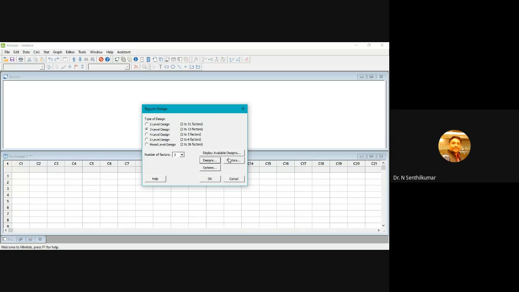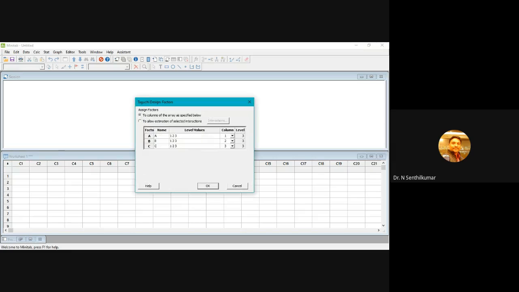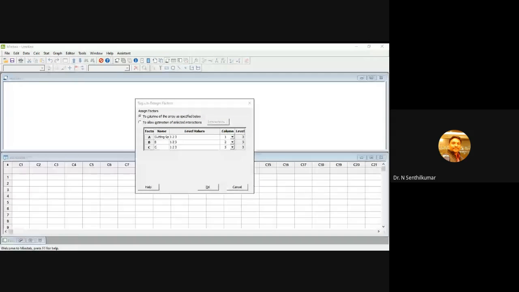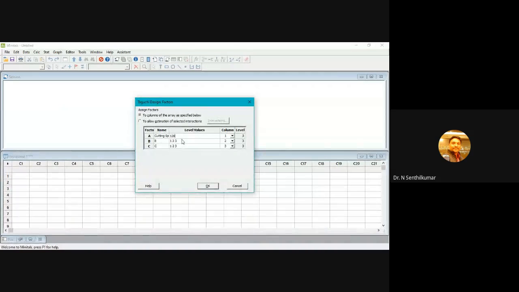Now these two tabs will be highlighted. First factors. Factors are the inputs. So I am going to type my inputs. Cutting speed. 1, 2, 3 are my level values. So 3 level values. I will be giving 120, space, 150, space, 180.